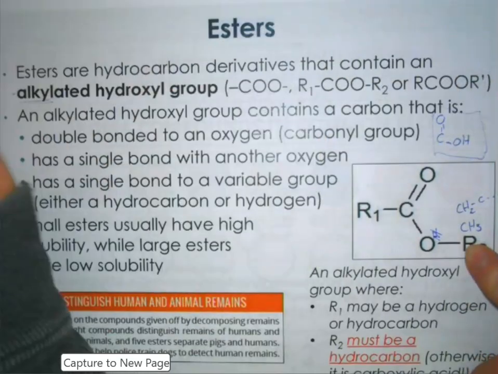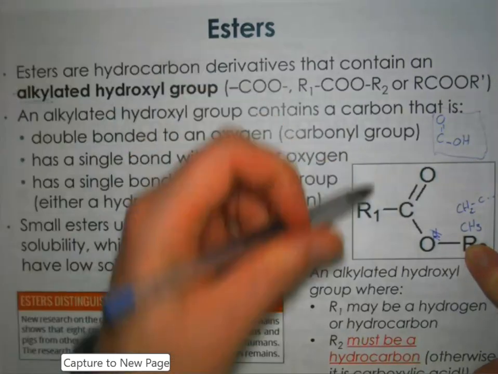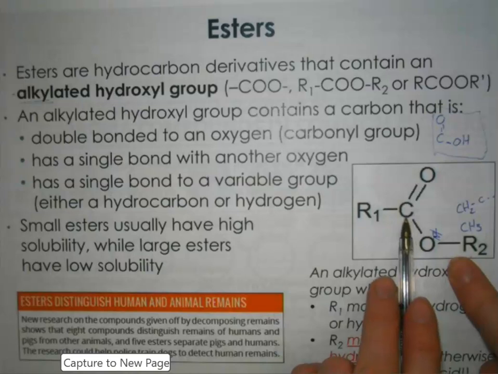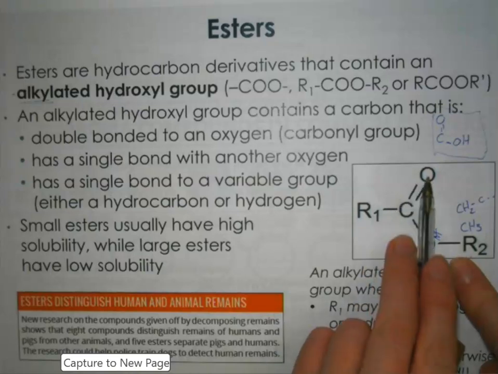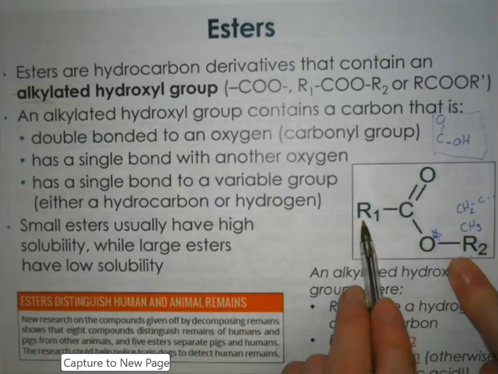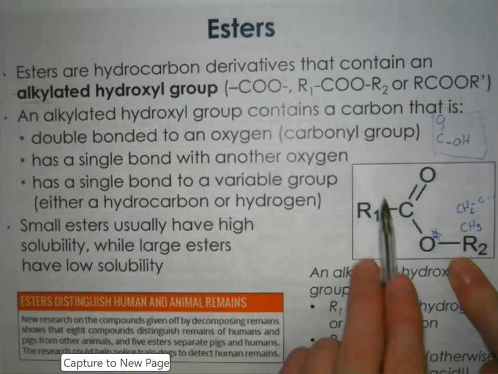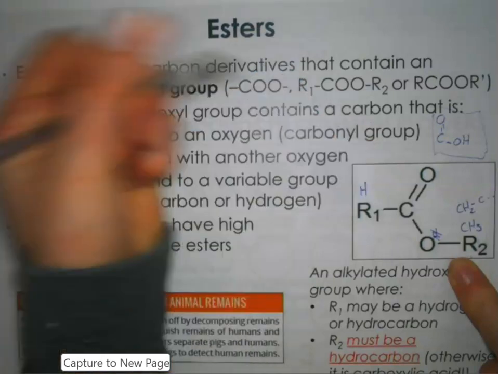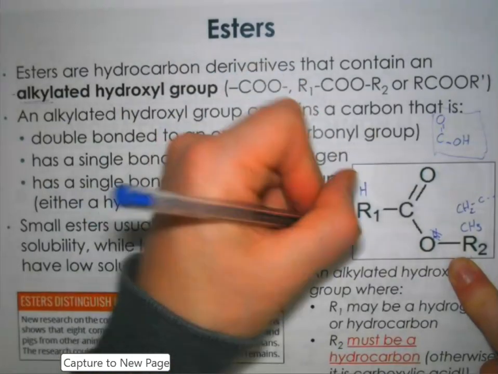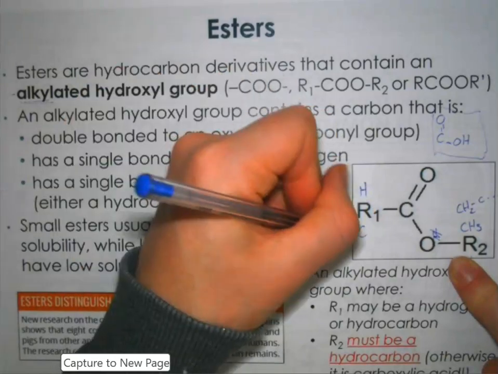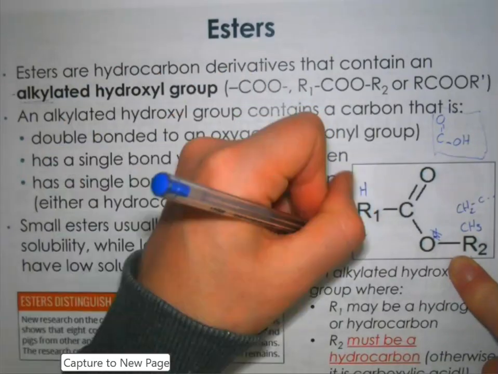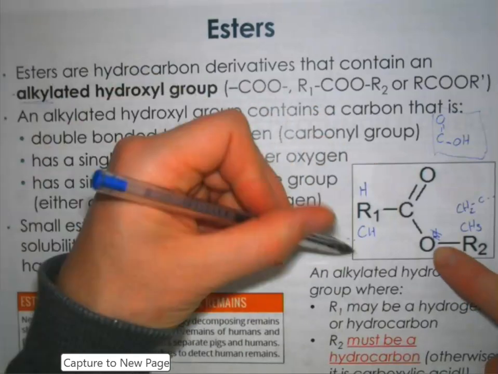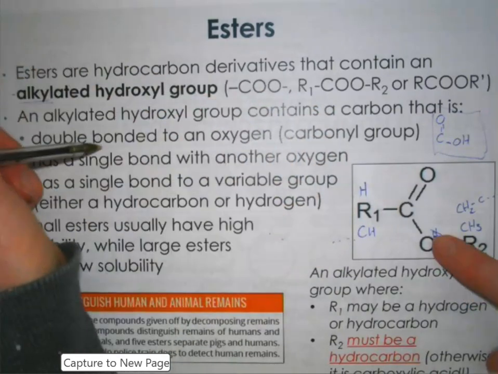This is alkylated hydroxyl, and some important things to be aware of with it is that this carbon double bonded to an oxygen has something attached off of it, which is represented by this variable R1. R1 can either be a hydrogen or it can be a carbon, like one or more carbons in a chain. Okay, so it could be CH whatever in however many you want basically there.